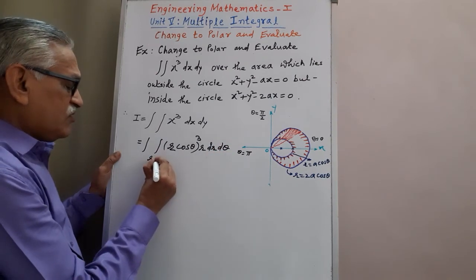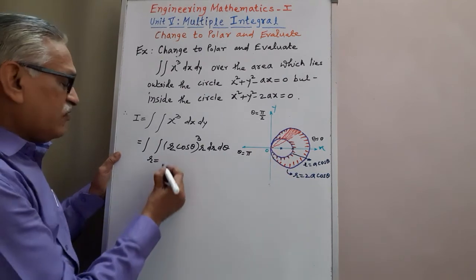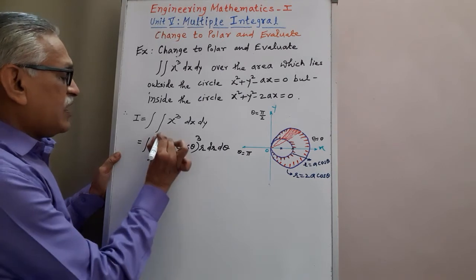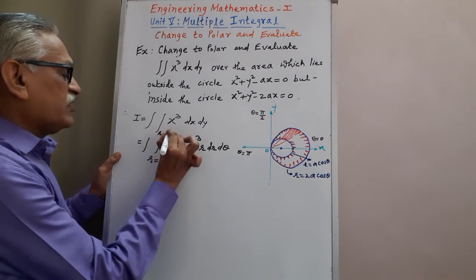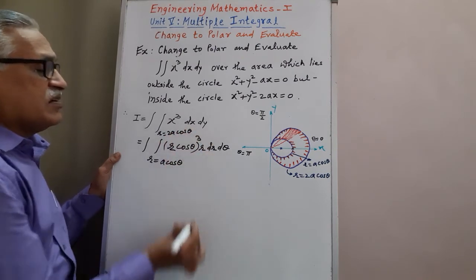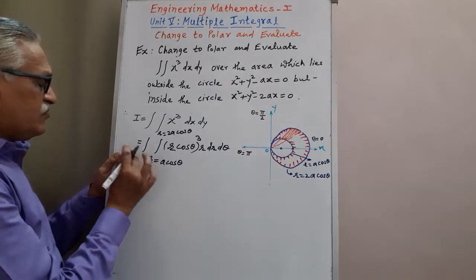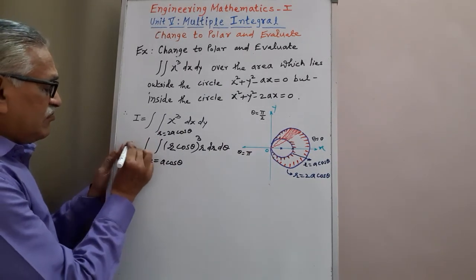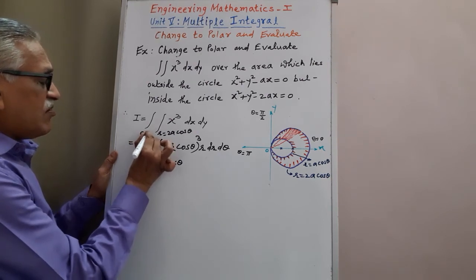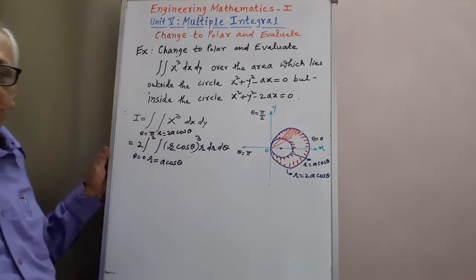R changes from its lower end, which lies on the inner circle where the equation is a cos theta. The upper end lies on the outer circle, equation is 2a cos theta. And then moving that strip from theta equal to 0 to theta equals to pi by 2, and making it twice to get that complete region.